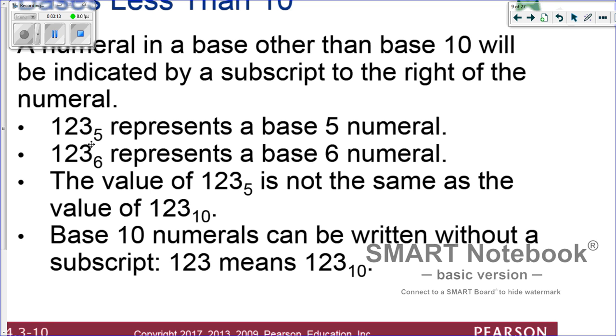So 1, 2, 3 base 5 represents a number, and 1, 2, 3 base 6 represents a totally different number. It's not the same as 123, which is base 10. Normally we would write it without the subscript. If it doesn't have a subscript, that means it's base 10. If it has a subscript, that's the base that it's in.